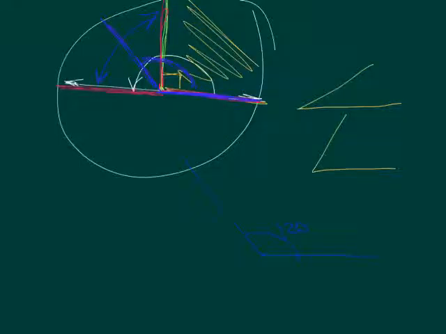Now we have some relationships between several angles, and those are called complementary and supplementary angles. So a complementary angle is an angle that I need to put with another angle that when I add them together I get 90 degrees.